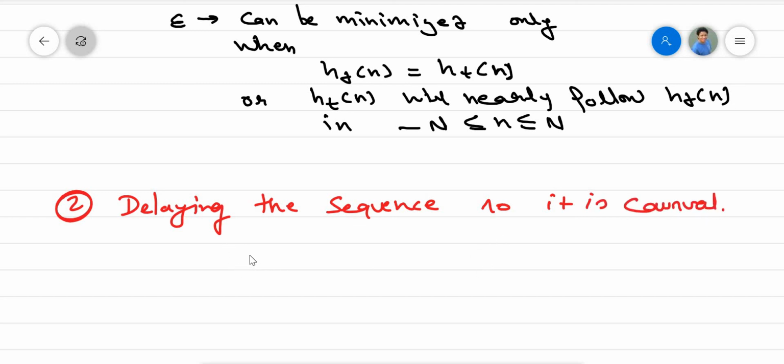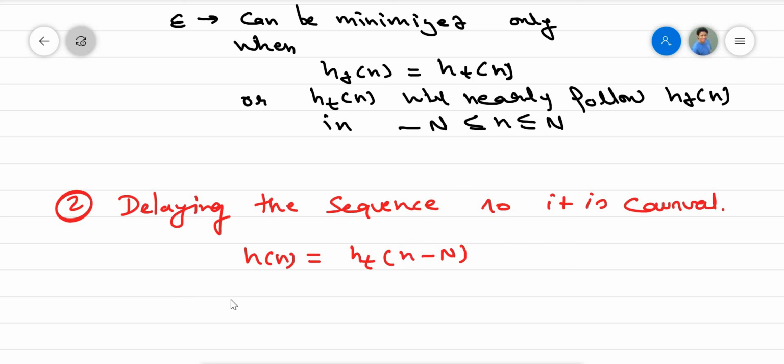Now that means we have already truncated the sequence h_t[n], then h[n], the delayed sequence, will be equal to h_t[n minus N], because it is minus N times in the negative domain. So if we shift by minus N, then it will start from 0. So this is the minimum delay we have to provide to make the system causal.